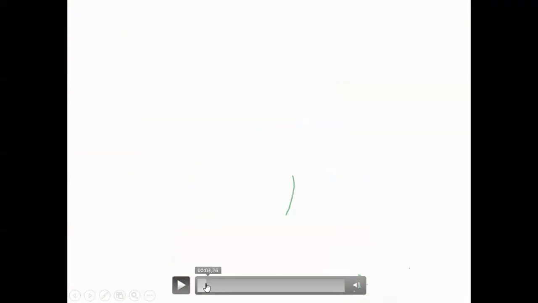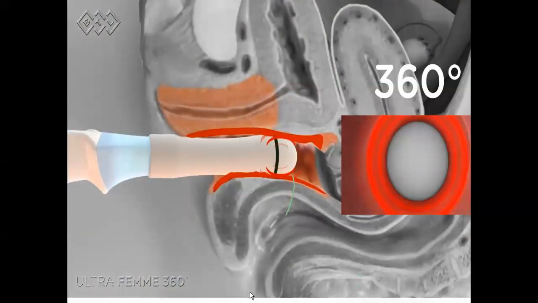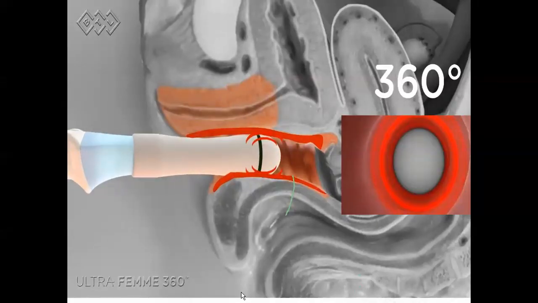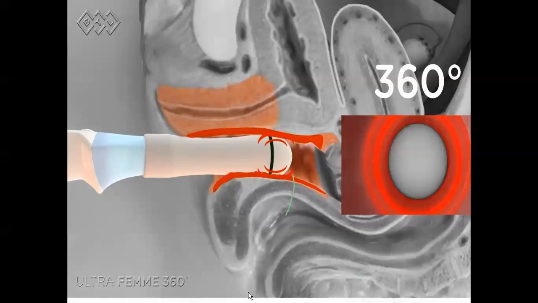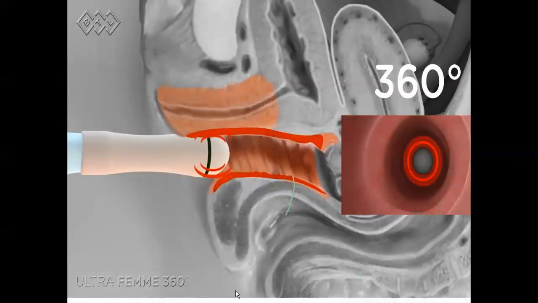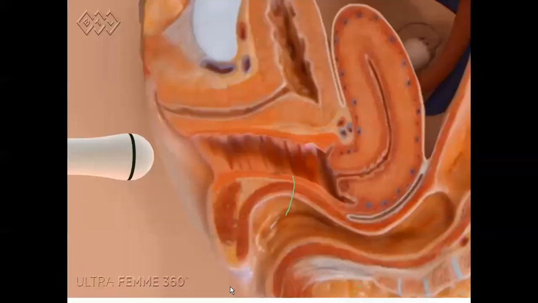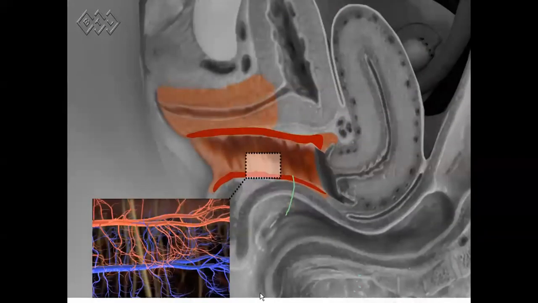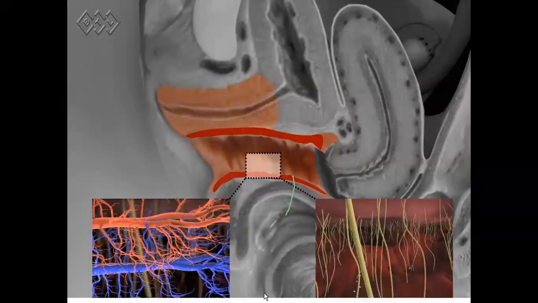With ultrafilm tracer, these radio frequency waves, we put the probe inside the vagina like this. Then it emits the radio frequency waves, which are electromagnetic waves. They hit the vagina here. They promote angiogenesis, the formation of new vessels. Suddenly, you've got more vessels forming. And if the vessels form, there's more blood flow to the vagina. So there's no more vaginal dryness.